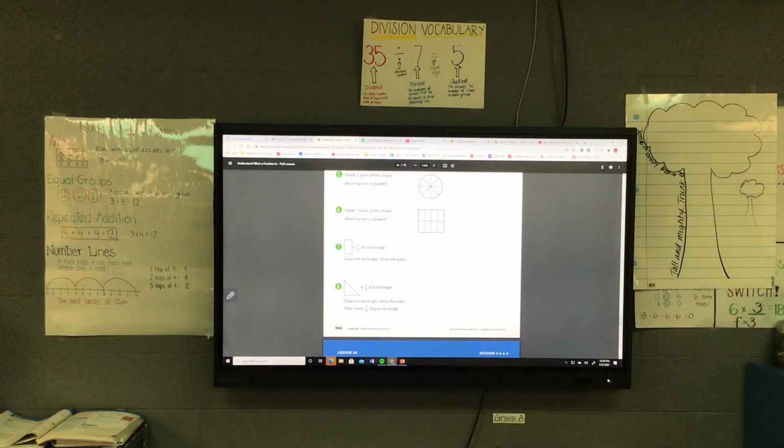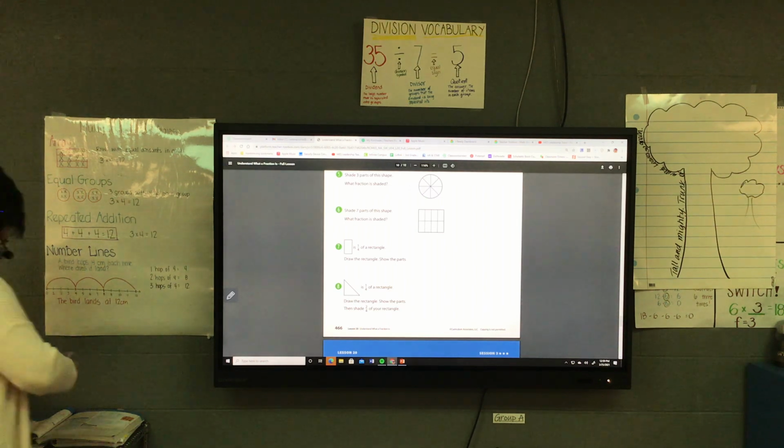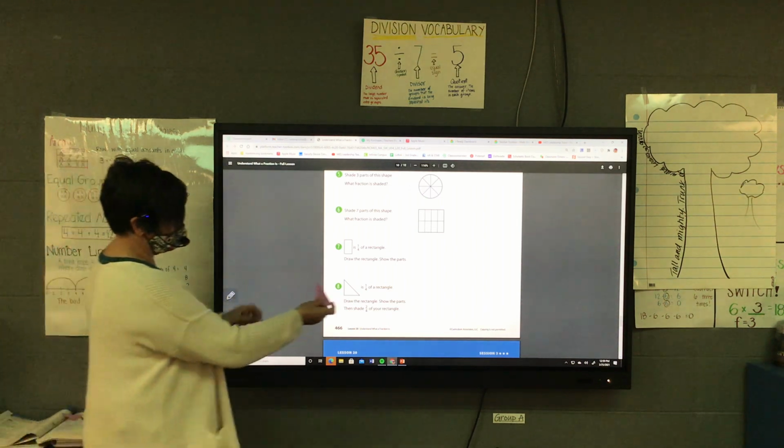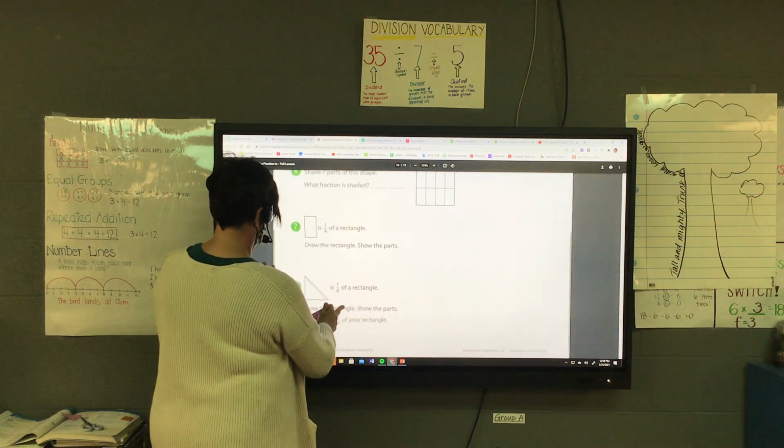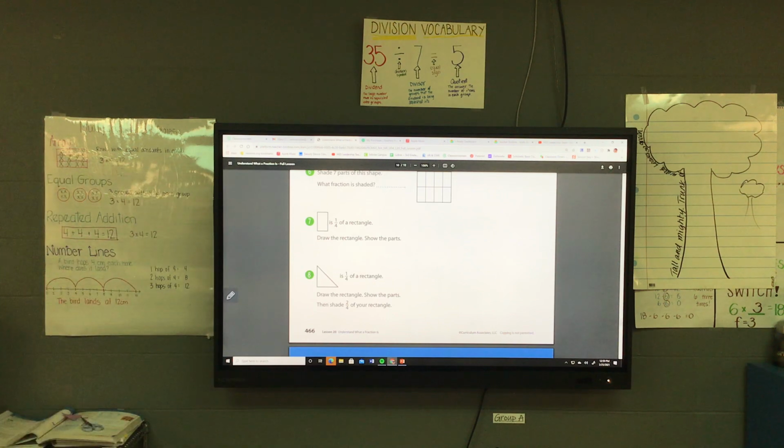So think about it this way. If this is the triangle, I need to freeze this, if it'll let me still stick stuff on there.